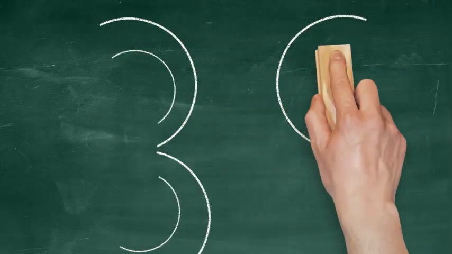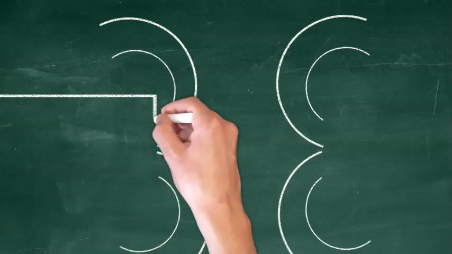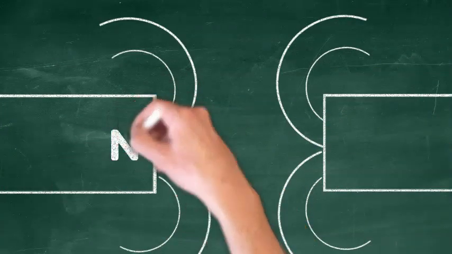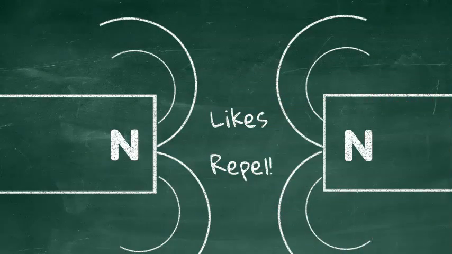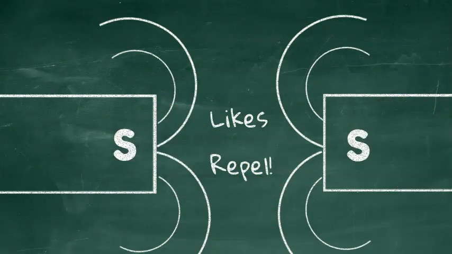However, if we turn one of those magnets around and we have, say, a North Pole and a North Pole facing each other, they are going to repel each other because likes repel. And if we flipped both of those magnets around so that South poles were facing South poles, they would still repel each other because likes still repel.